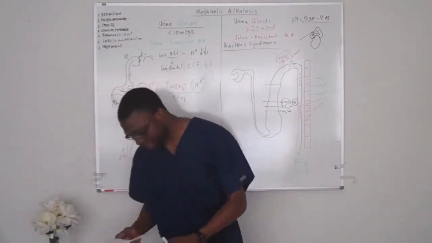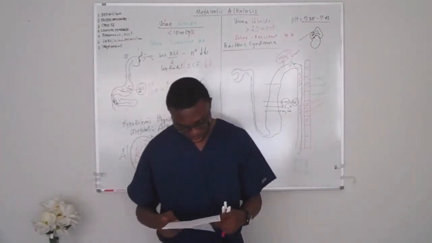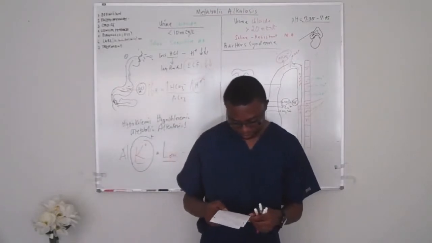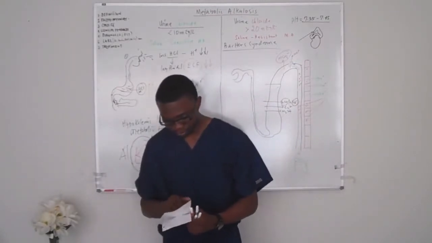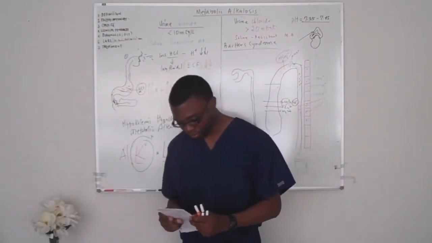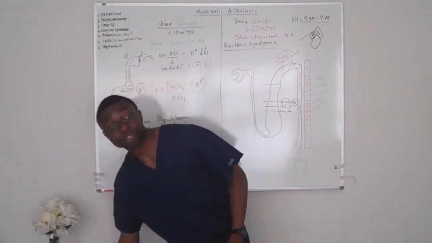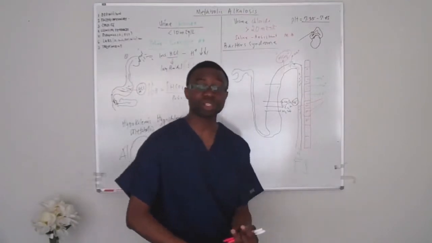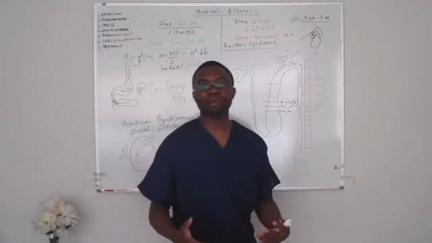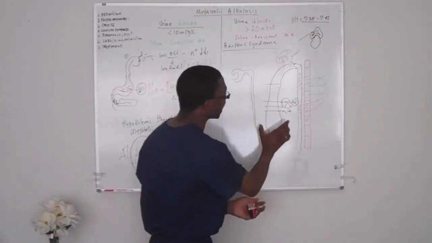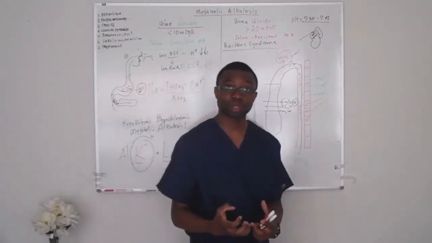Just to make sure I'm not missing anything, because I took some little notes here for you guys. Let's see here. I think we pretty much covered that. So, Bartter syndrome, right? It's basically the inability of the kidney, thick ascending loop, to reabsorb sodium and chloride.